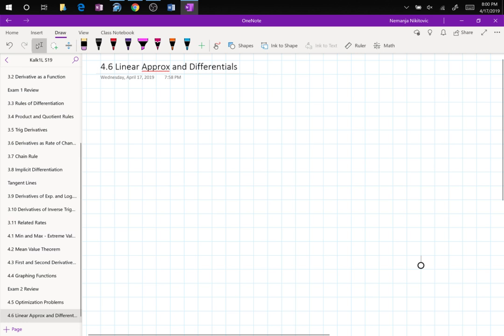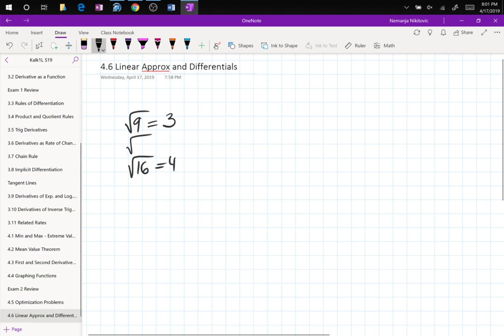So what do we have? We have the idea that the square root of 9 is 3 and the square root of 16 is 4.